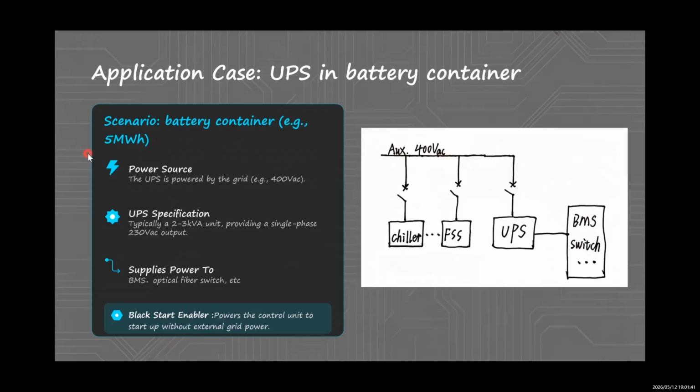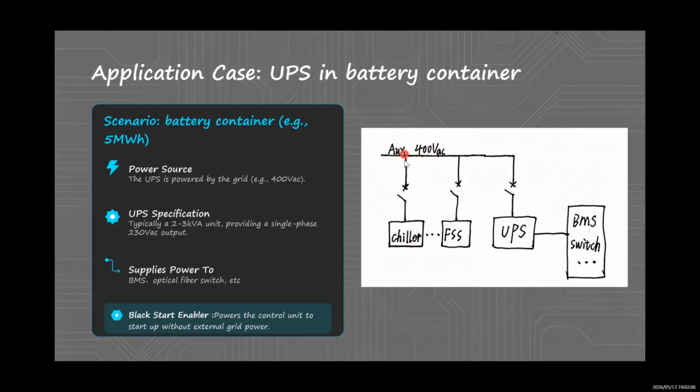The next application case is UPS in battery containers. On the right side, you can see this is also a simple auxiliary power supply diagram. 400 volts is a typical auxiliary power supply.